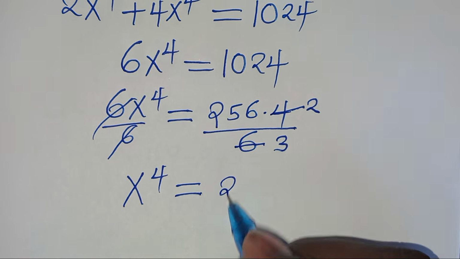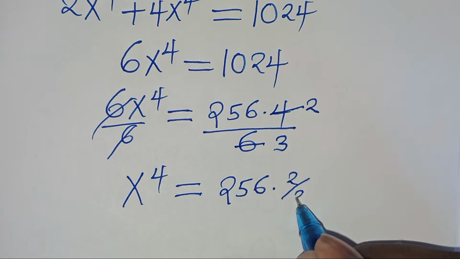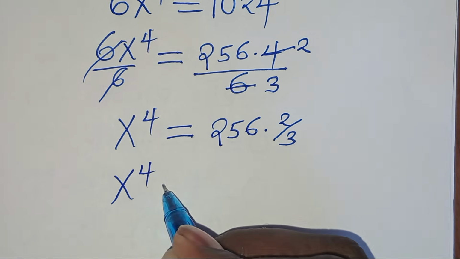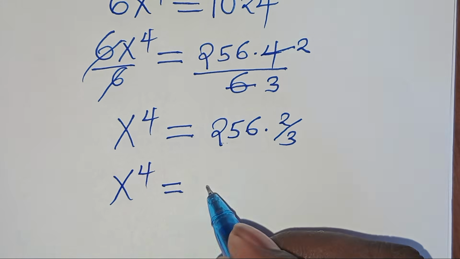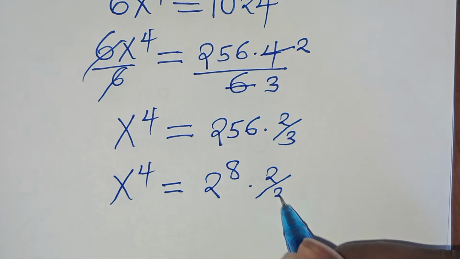So we have 256 multiplied by 2 over 3. So x to the power of 4 is equal to 256, which is 2 to the power of 8, multiplied by 2 over 3.